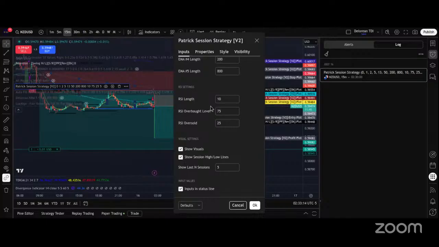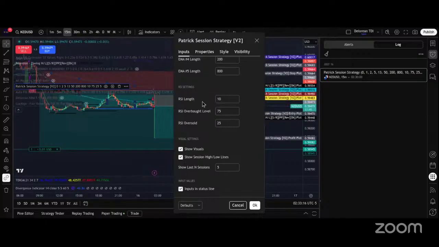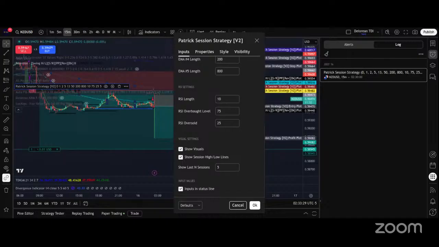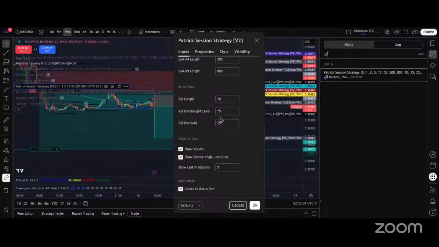With 10, you get more frequent signals than out of the box, which is 14. And then RSI at 75, 25: you get fewer signals than you get at 70, 30, but they're more accurate. So those are the adjustments that I made.